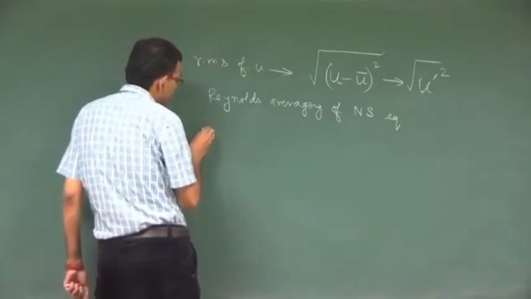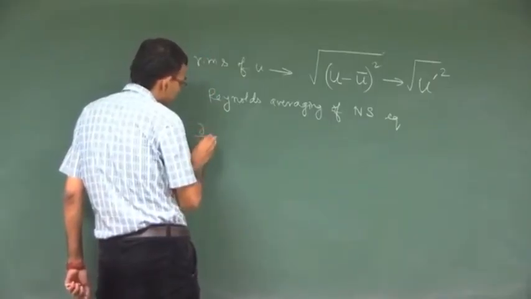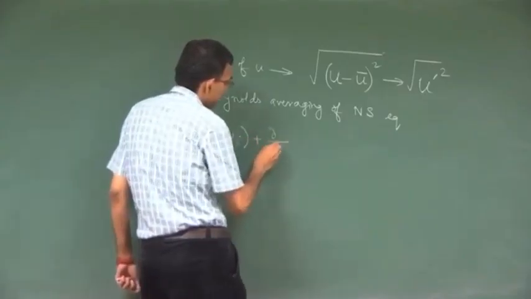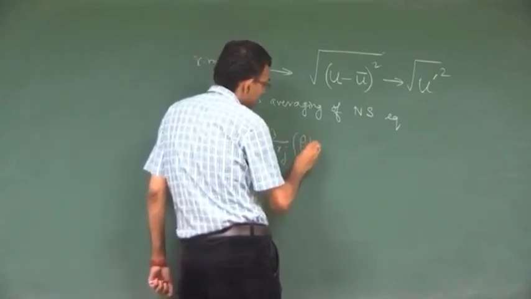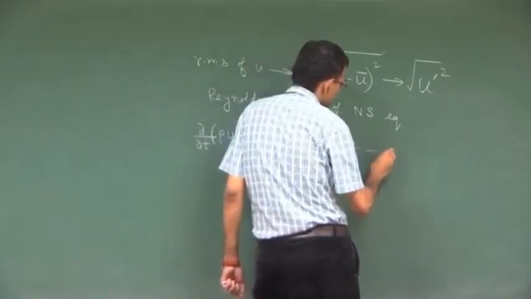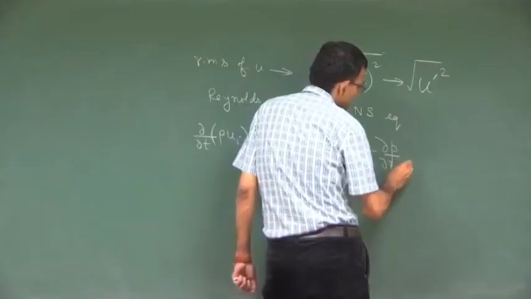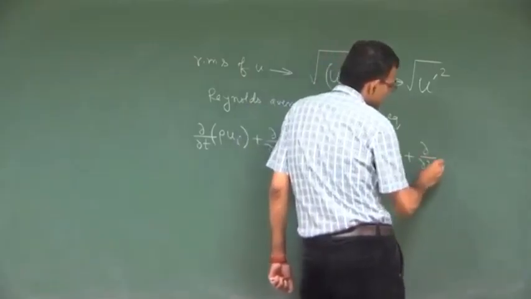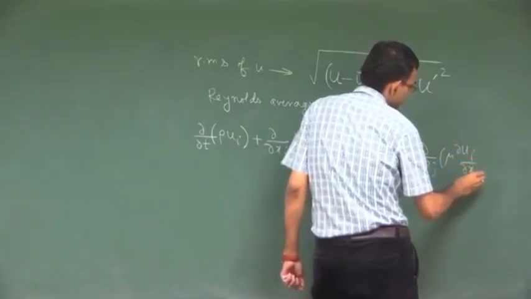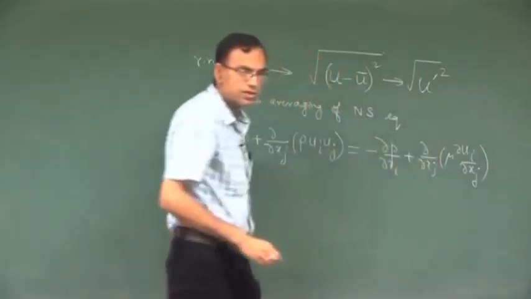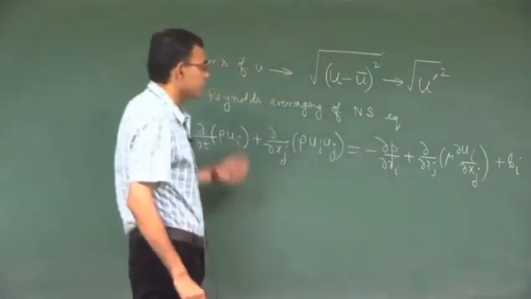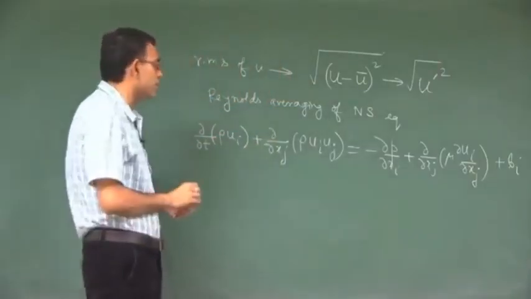So, we will write the Navier-Stokes equation in the conservative form. There may be a body force, maybe let us write it, but the important thing that I want to infer from here will not depend so much on the body force.